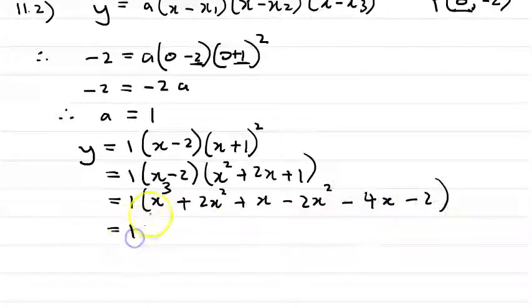Let's simplify. 1 x cubed, plus 2x squared and minus 2x squared both cancel. x minus 4x is minus 3x and minus 2.